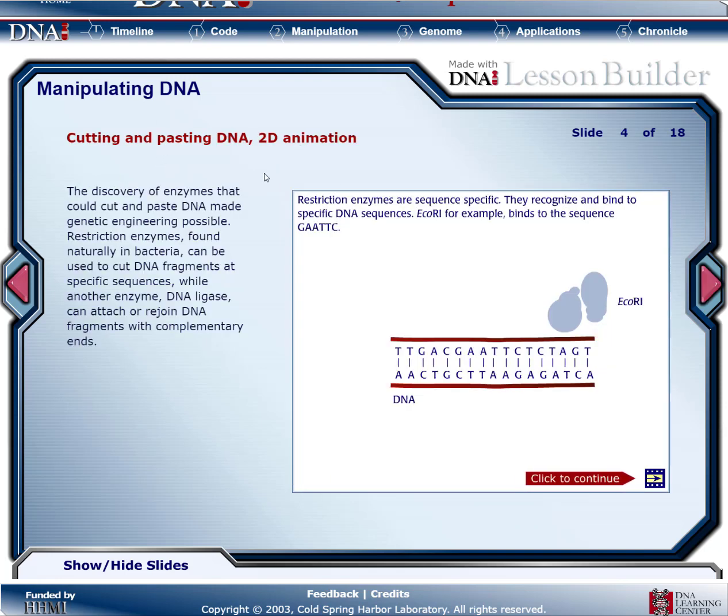Cutting and pasting DNA in 2D animation. So the discovery of enzymes that could cut and paste DNA made genetic engineering possible. Right, so it's cut the DNA in a specific region exclusive to the particular enzyme itself.